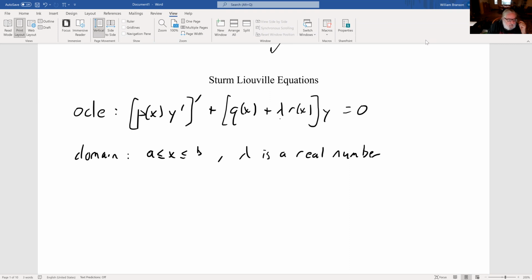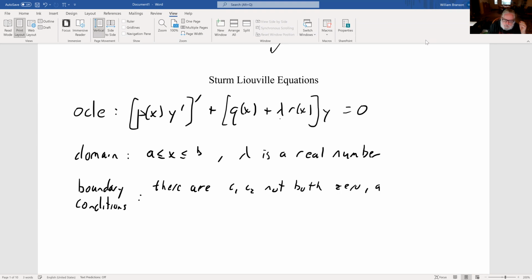Okay, so Sturm-Liouville equations have boundary conditions, so we'll list those. The boundary conditions are a little bit weird.